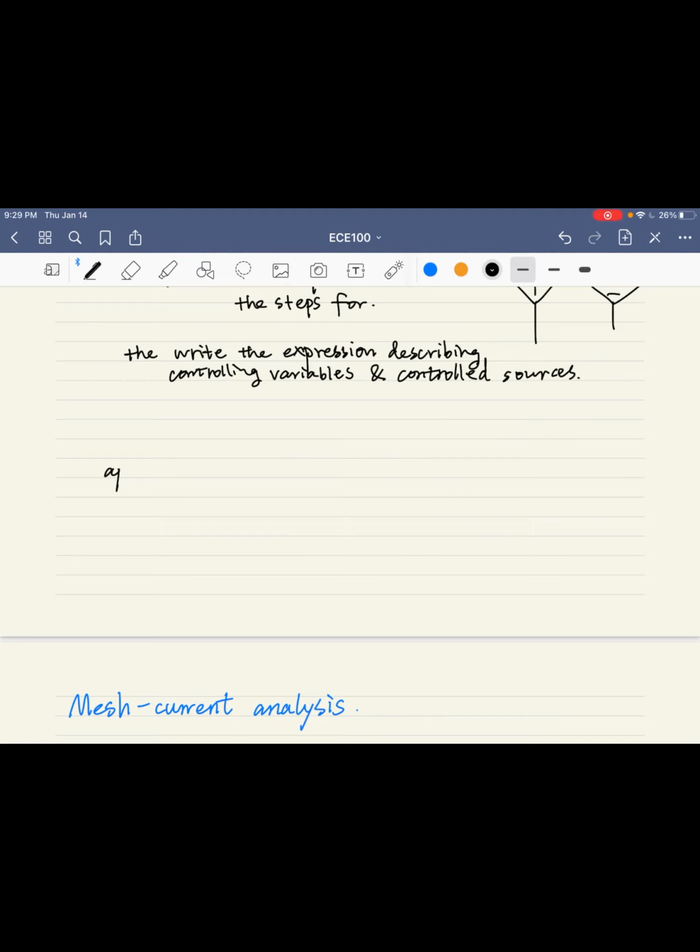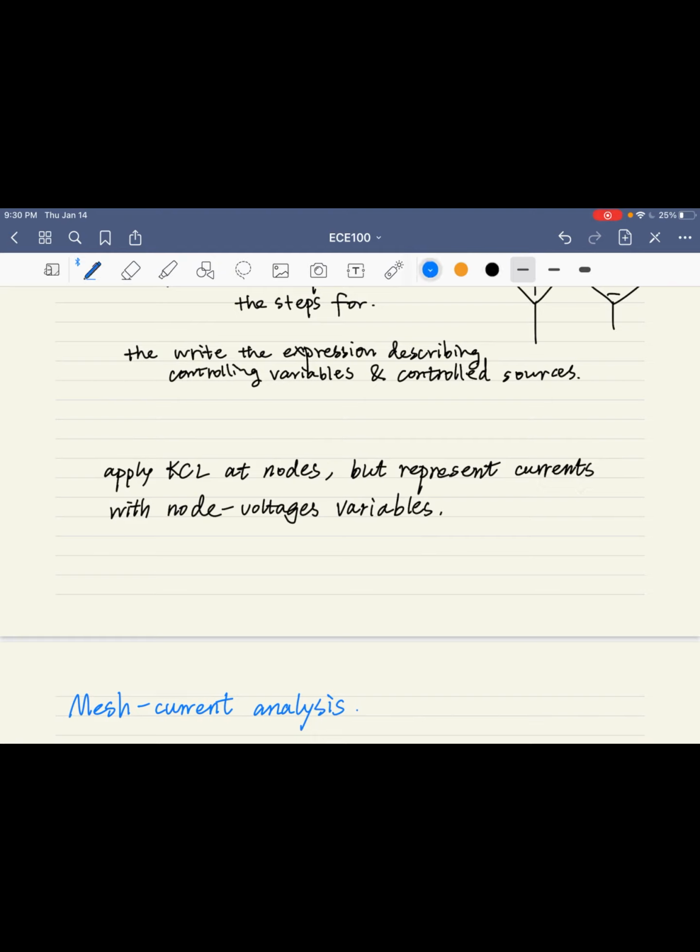That is to apply KCL at nodes, but represent currents with node voltage variables. And remember the corner cases that involve controlled sources and more than one voltage source.